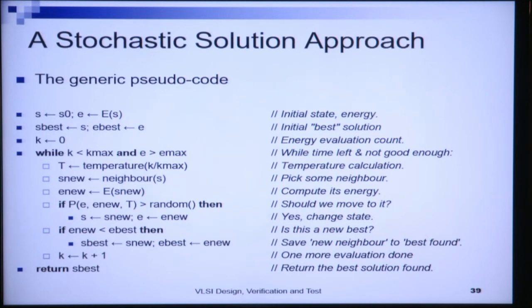When will I say that I have still not obtained a good enough solution? When the energy cost that I have is still greater than an acceptable E max. That means the area cost is greater than the maximum acceptable area that I have, until this happens, and I have still not exhausted the maximum number of iterations.